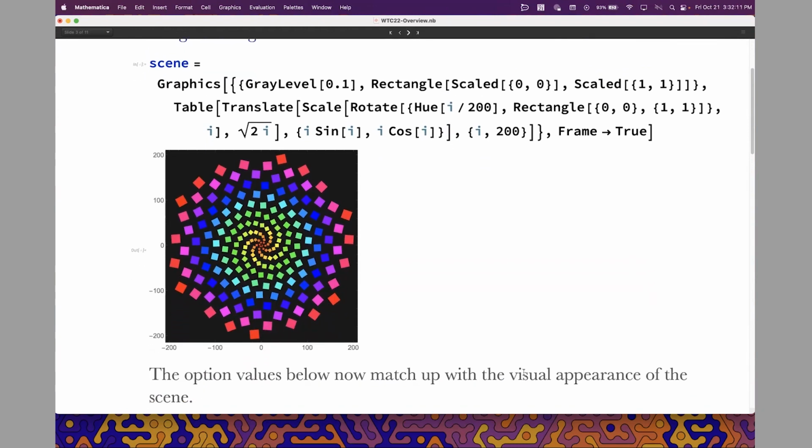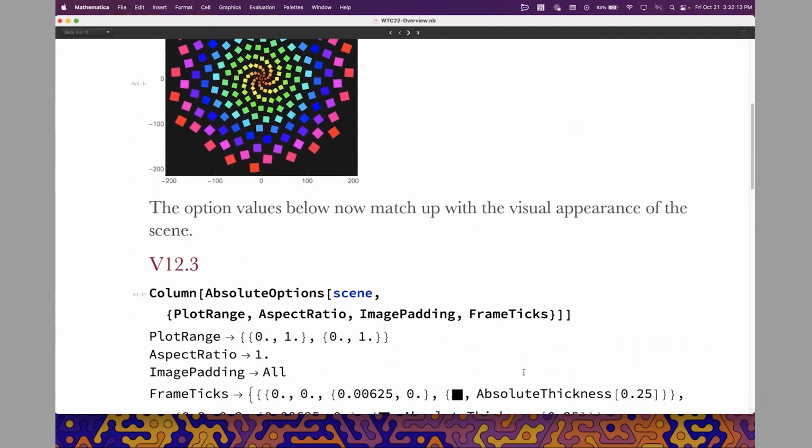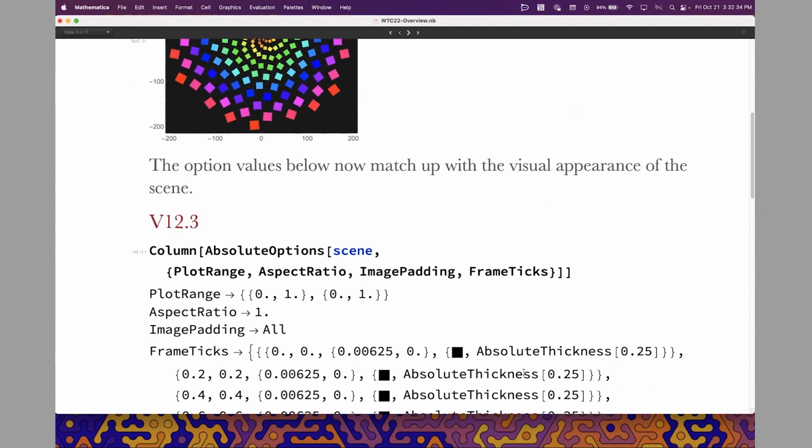And if we were to ask in version 12.3 what the plot range was, what the aspect ratio was, image padding, frame ticks, it would claim that the plot range was 0 to 1 in both directions. And the aspect ratio is 1. That's reasonably accurate. Image padding, it just kind of left as all. We don't know how much padding it has.